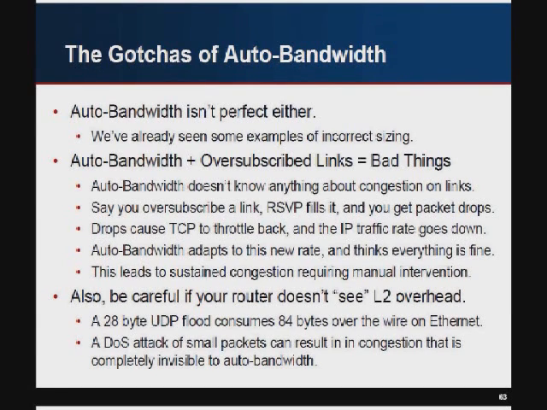So if you have a denial of service attack, say for example a 28-byte UDP flood, it actually consumes 84 bytes on the wire across Ethernet. And so you get into a situation where your link is now exhausted at 41% of capacity instead of what you might expect. And auto bandwidth has no visibility into this, and so it's going to continue to pack more traffic than you can actually pass onto the link.